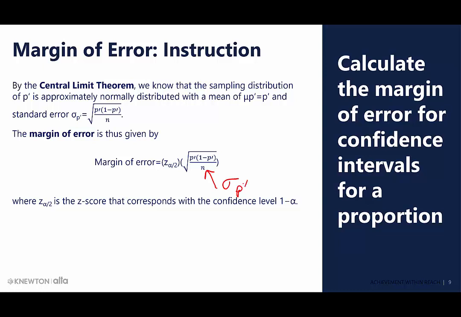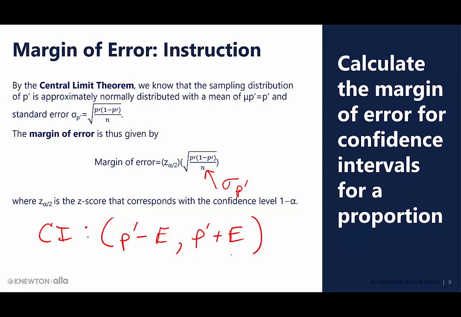That's why we had to go over that in the previous example. Once you get that, your confidence interval will be p prime minus your margin of error, and p prime plus your margin of error. That's how you get your confidence interval.